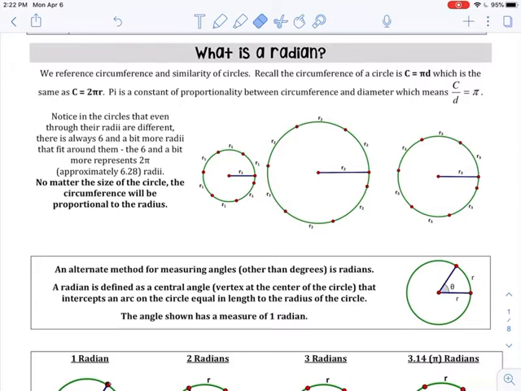All right. Really, what we want to know is a different way to measure. And the correlation is this radius is going to be the same length as that arc if we were to straighten that arc out. Those would be the same measure.